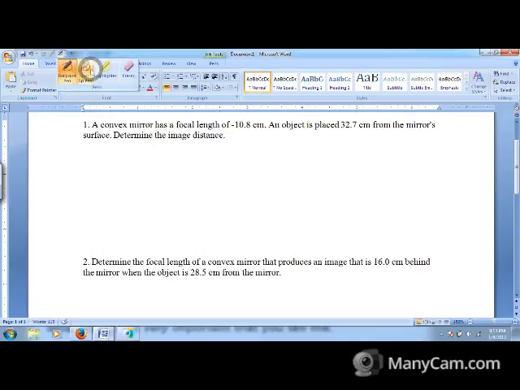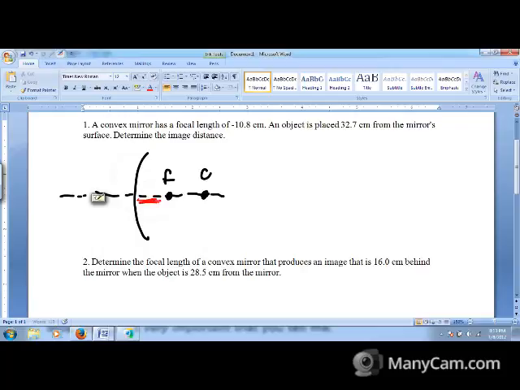That's the center. I just want to make a note that this distance is equal to this distance. Alright, so this focal distance, you can either say that this is 10.8 or it's a negative 10.8. Either way, when you calculate it, you have to put this negative sign in there.